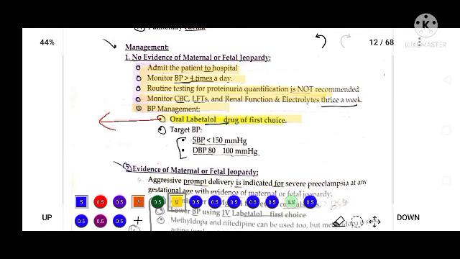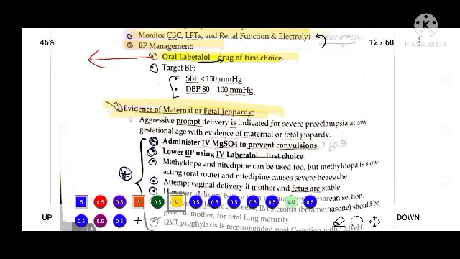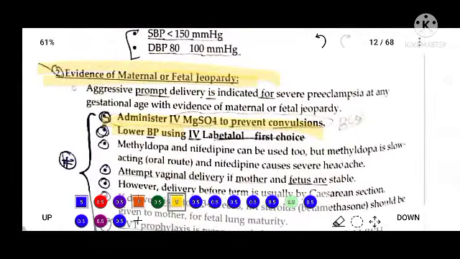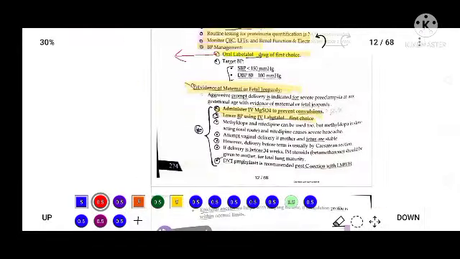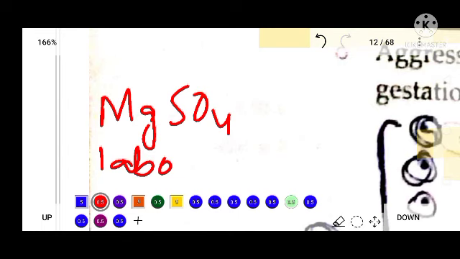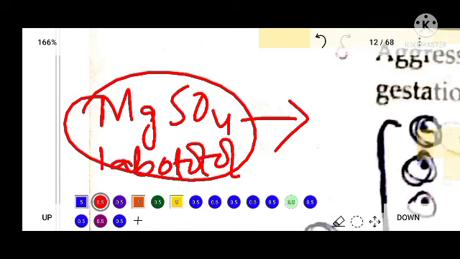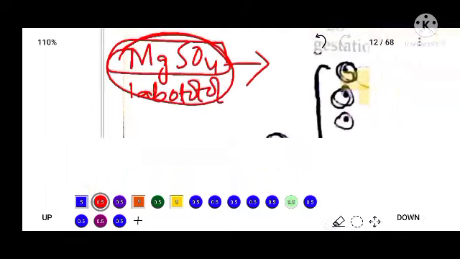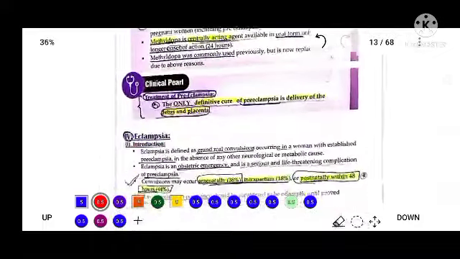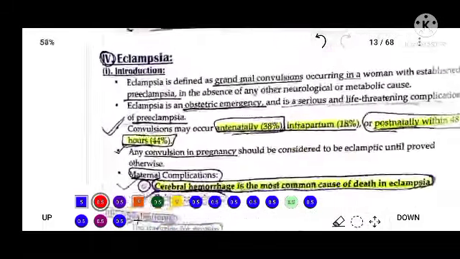Evidence for maternal fetal jeopardy must be assessed, along with administration of IV magnesium sulfate and labetalol. Magnesium sulfate is given because if the patient is developing convulsions, it is the muscle relaxant. So in this way preeclampsia can be managed.